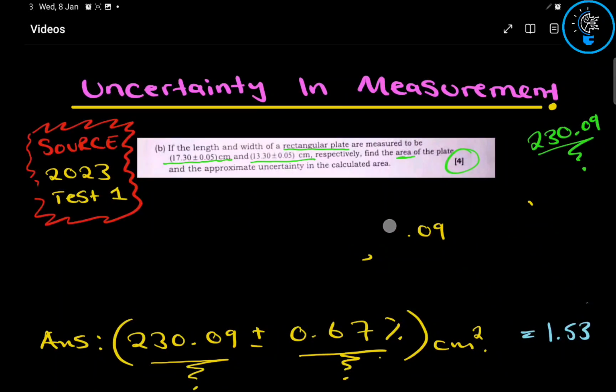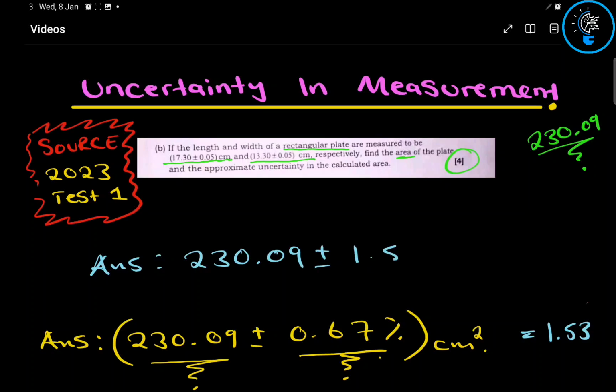So now your answer, let's get rid of everything. Your answer this time can be written as 230.09 plus or minus 1.53. Remember, the number of decimal places must be the same, and your unit is centimeter squared. So these ones are our possible solutions. You can either express your answer this way.